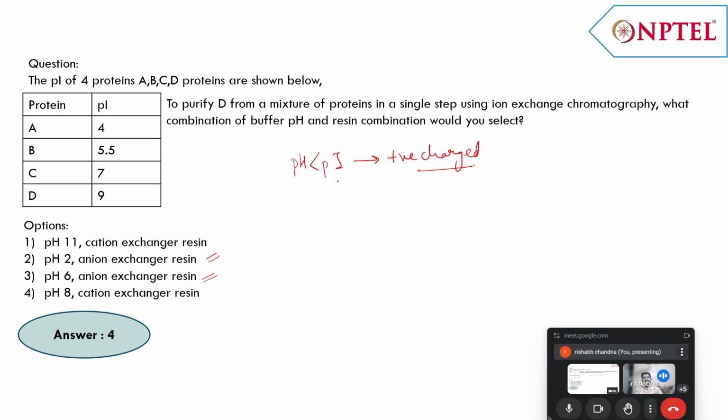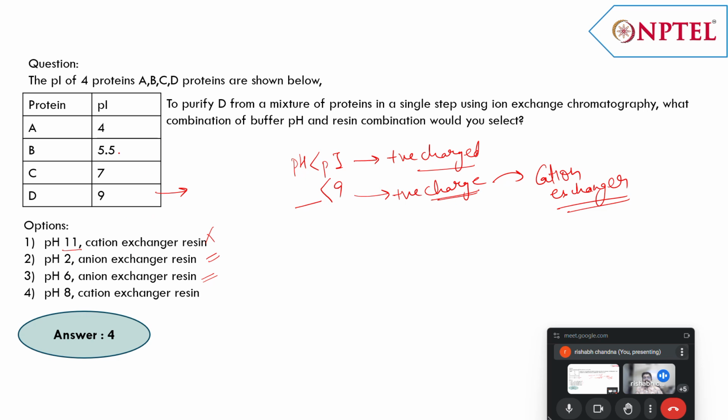If we see the pI is 9, so anything that is less than 9 would yield a positive charge, and it would require a cation exchanger. Here the first option is pH 11, which is greater than 9, so it would require an anion exchanger. So the first option is wrong.